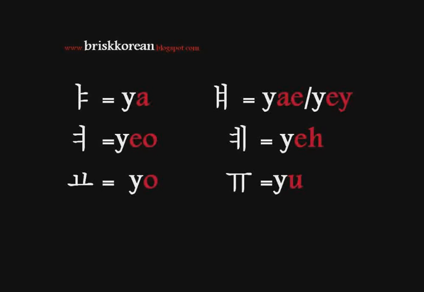The next one sounds ye. The next one sounds yo. The next one sounds you. Alright, so there are 6 Y diphthongs in all.